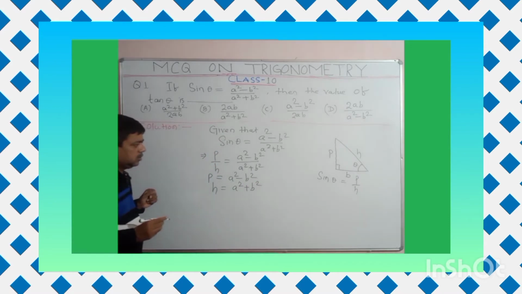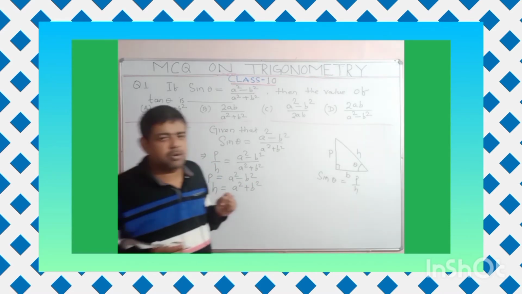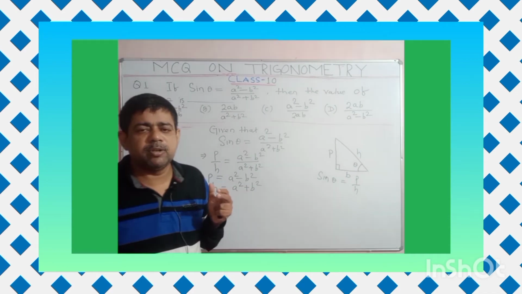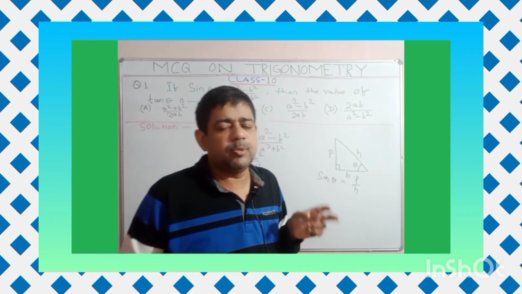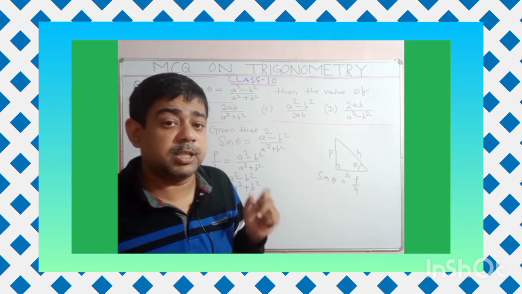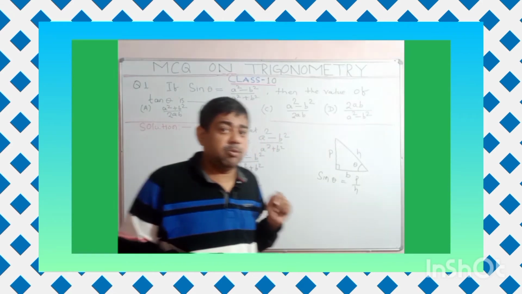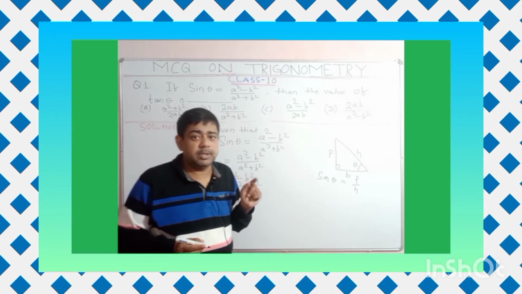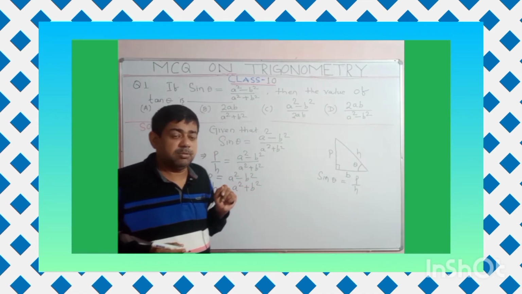All of you know, if you are finding any trigonometric ratio and two sides are given, you have to find the third side of the right angle triangle with respect to the acute angle using the concept of Pythagoras theorem. Yes or no?